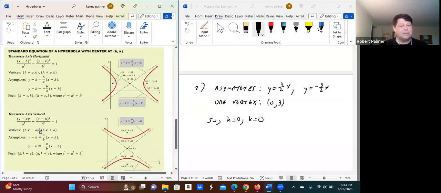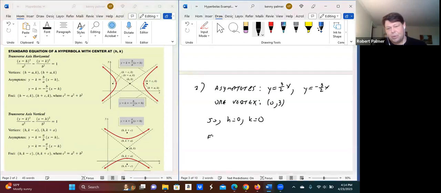So what that means is that from the vertex, we have a vertical transverse axis. Basically, we have this case right here because once again, our k has to be 0. And if it was this case, our k would be the y-coordinate of our vertex.